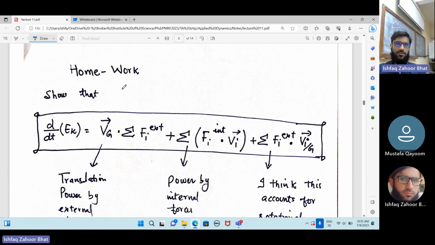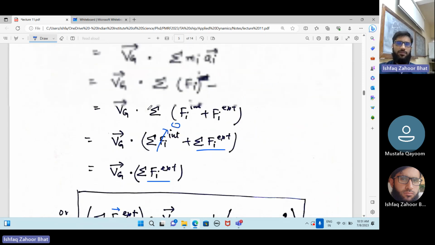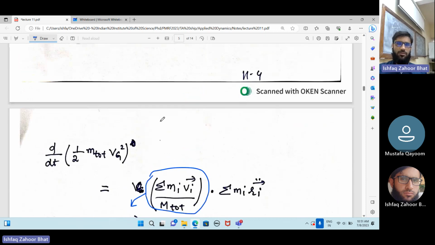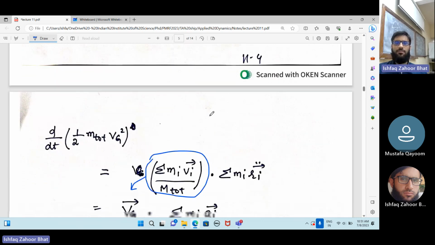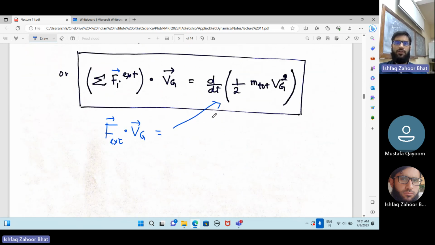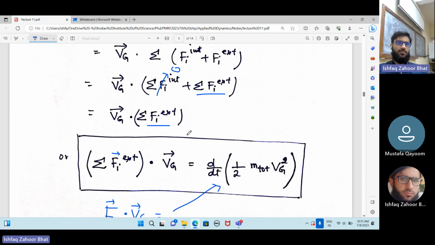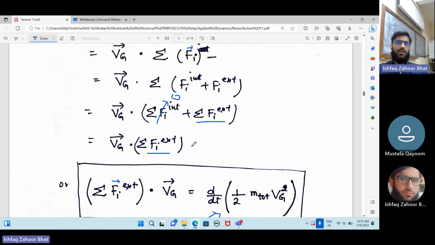Now, the second expression is homework for you. You see the work which I have worked out; you can work it out in a different way. This is how I have done it, and you can do it some other way. You have to practice this. Unless you practice, you will not get the feeling for what I am trying to say.